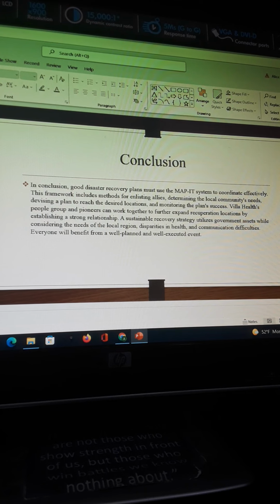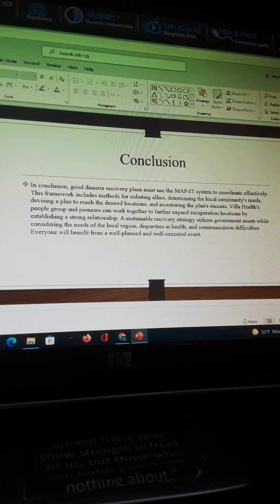And in conclusion, the disaster recovery plan must use the MAPIT system to coordinate effectively. This framework includes methods for enlisting allies, determining the local community's needs, devising a plan to reach the desired locations, and monitoring the plan's success.